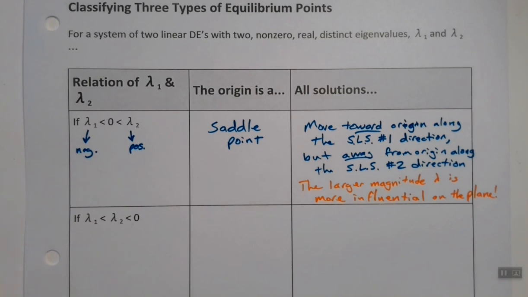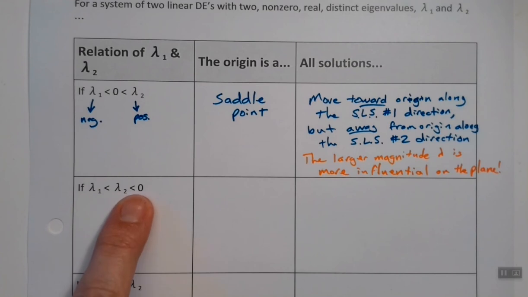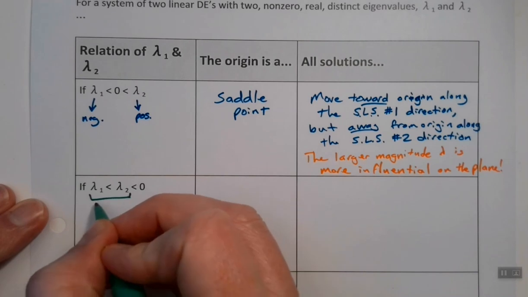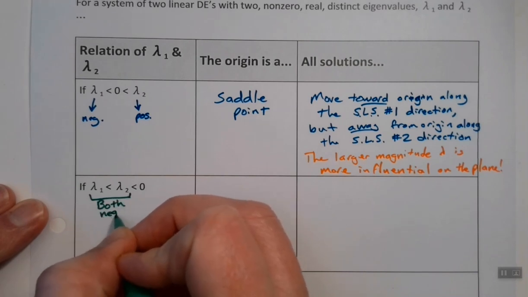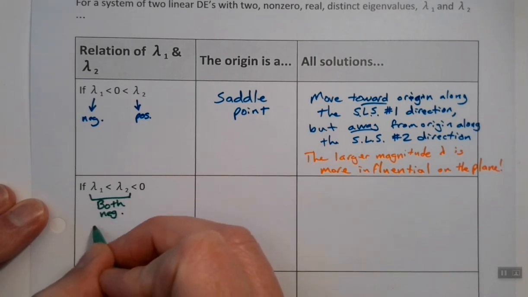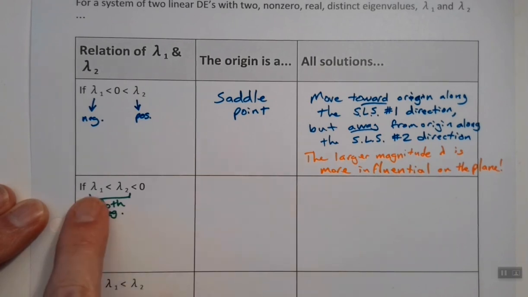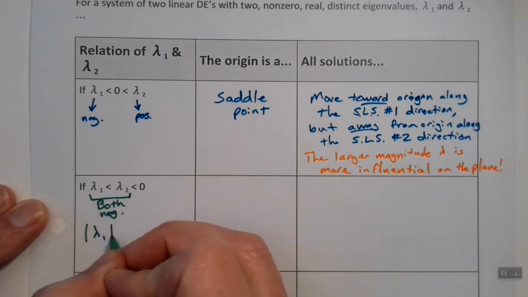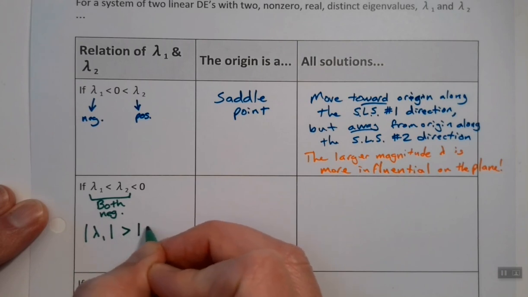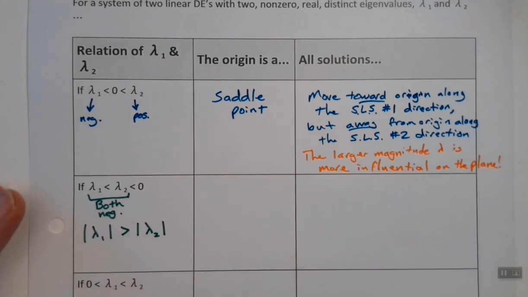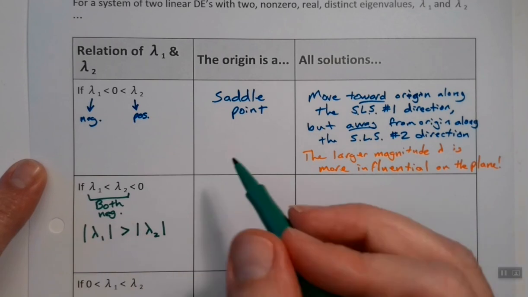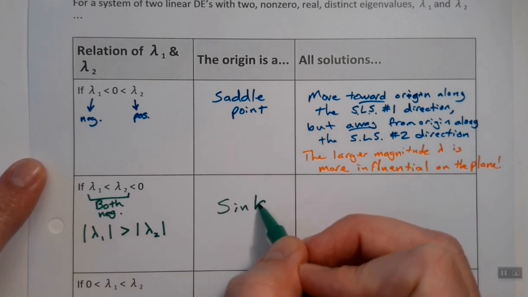Similarly, we can take a look at what happens when lambda 1 and lambda 2 are both less than 0, but in a particular order. That means that they're both negative, but lambda 1, because it's more negative, must be a larger magnitude than lambda 2. That's the definition of being more negative or more positive, it means a higher magnitude. And in this case, if both of them are negative, then the origin is going to be a sink.